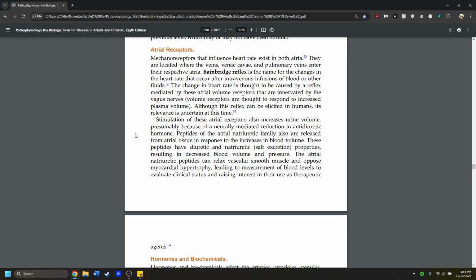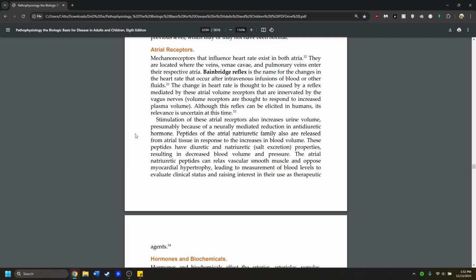The change in heart rate is thought to be caused by a reflex mediated by these atrial volume receptors that are innervated by the vagus nerve. Volume receptors are thought to respond to increased plasma volume. Although this reflex can be elicited in humans, its relevance is uncertain at this time. Stimulation of these atrial receptors also increases urine volume, presumably because of the neurally mediated reduction in antidiuretic hormone.